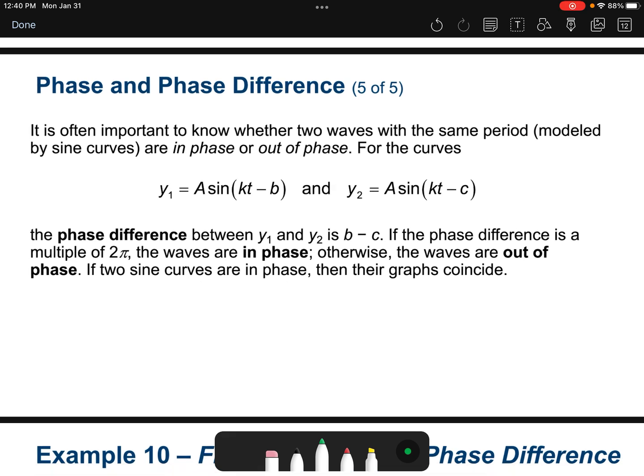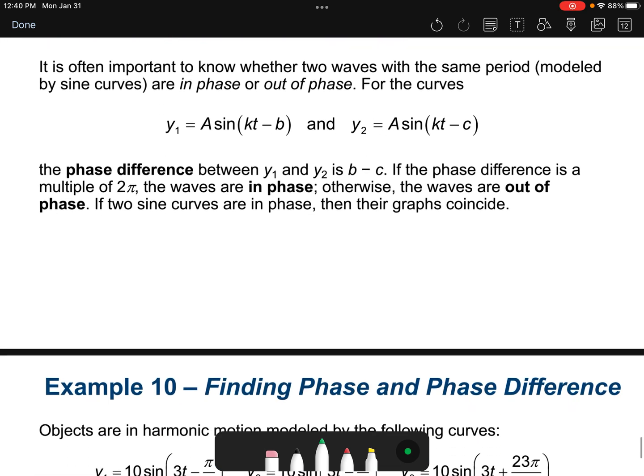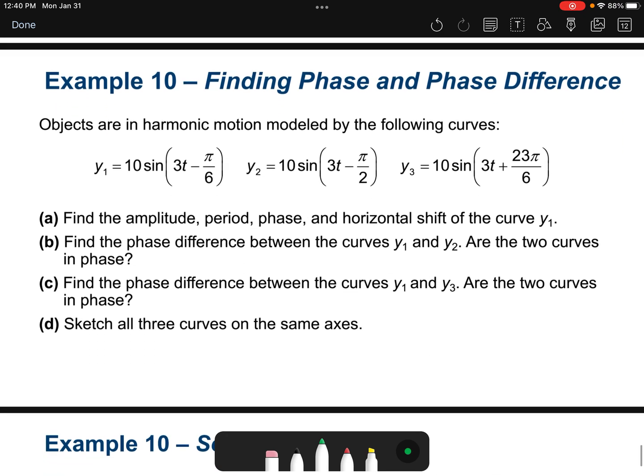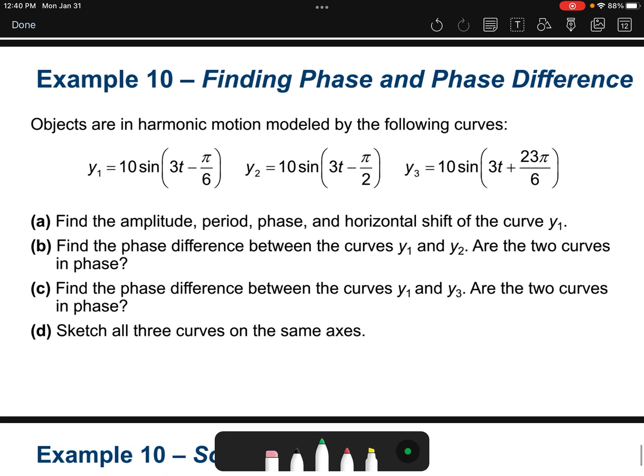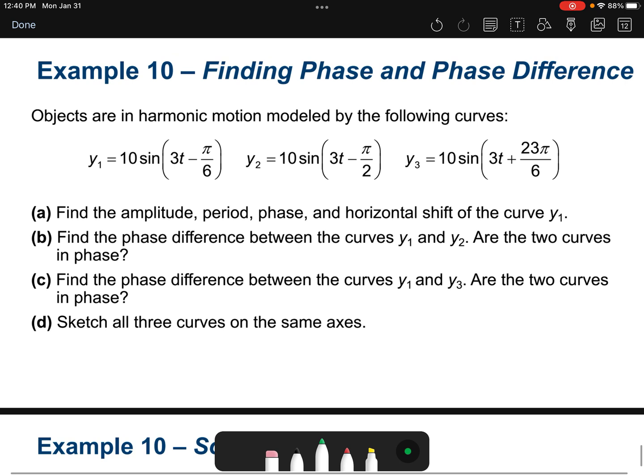Now this gets into waves, and if waves are out of phase. So if you look at these guys right here, these are objects in simple harmonic motion. Okay, stay with me here. And we want to know the amplitude, period, phase, and horizontal shift.